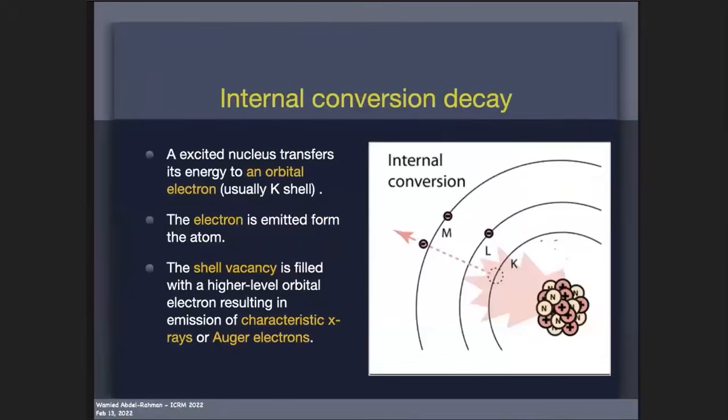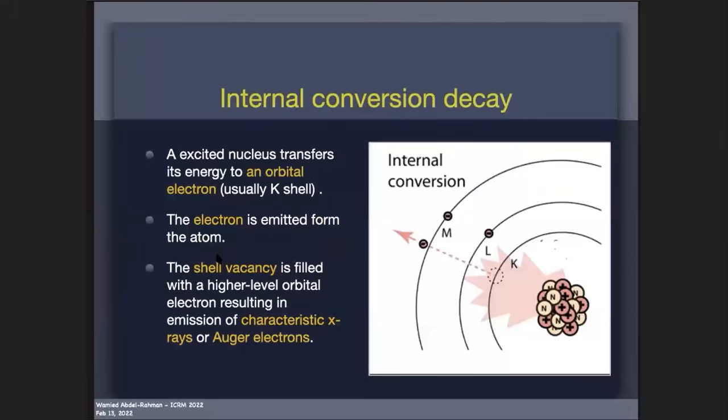Internal conversion is something similar to the gamma emission, where instead of emitting the gamma, the nucleus decides to give that excess energy to one of the orbital electrons, and the electron then is ejected from the atom, and that is called internal conversion.